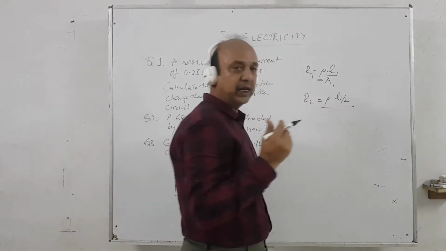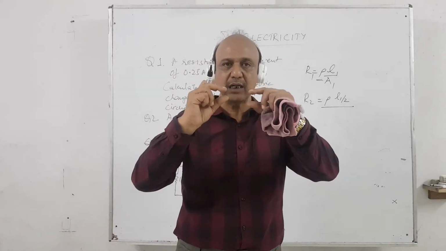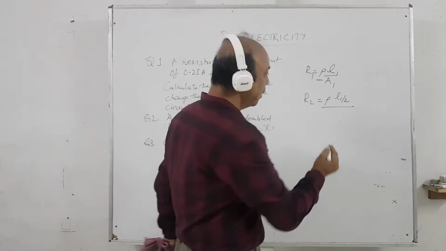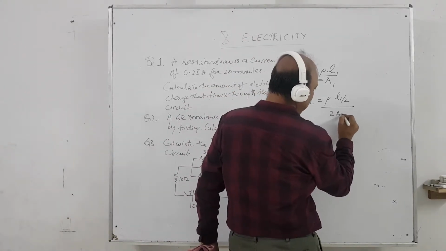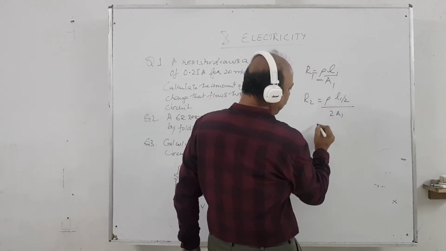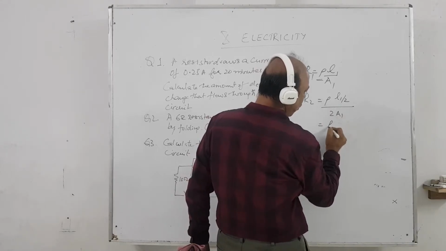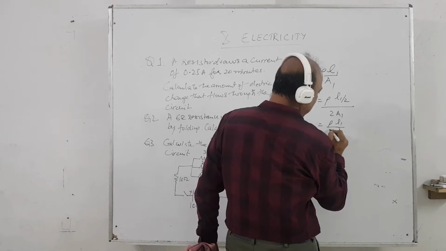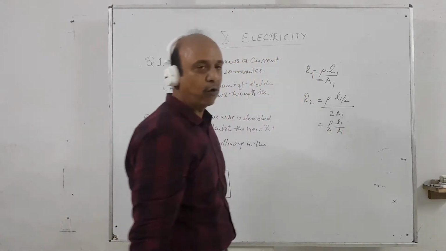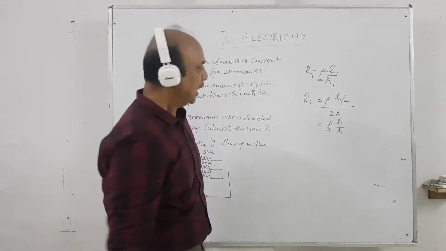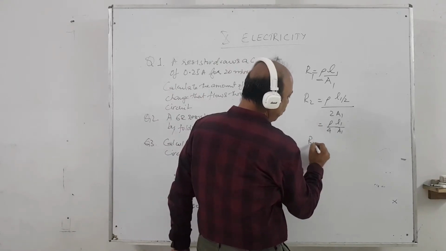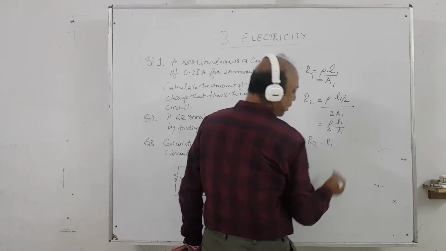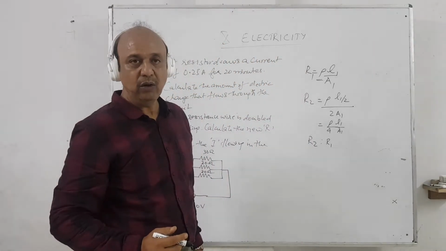And what happens to the area of cross section? There are 2 conductors of same area of cross section in parallel. So area of cross section doubles, 2A1. So R2 is equal to rho L1 upon A1 divided by 4. That means R2 and R1, what is the ratio?